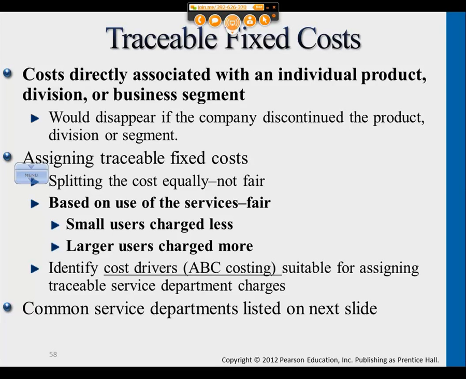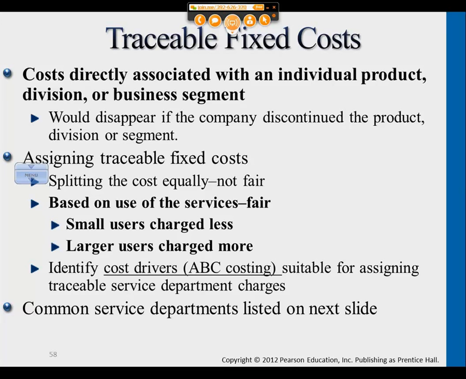Based on my usage of these services, that sounds fair, and that sounds more than anything like something we've done, right? So those users who do not utilize these services are going to be charged less, and those that do are charged more.